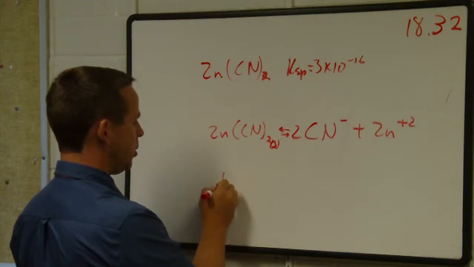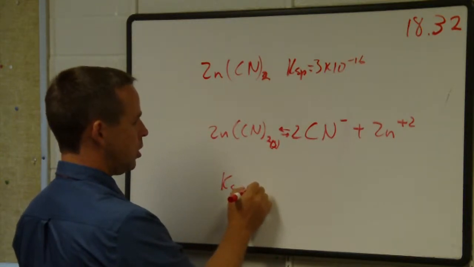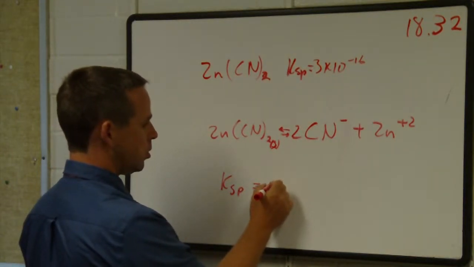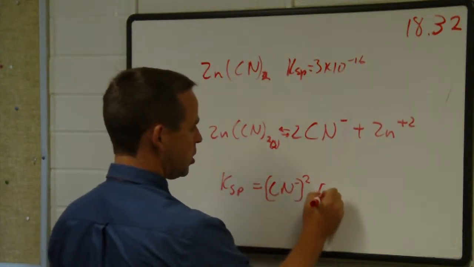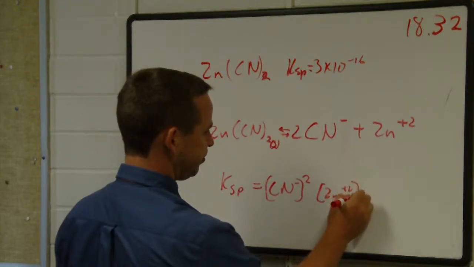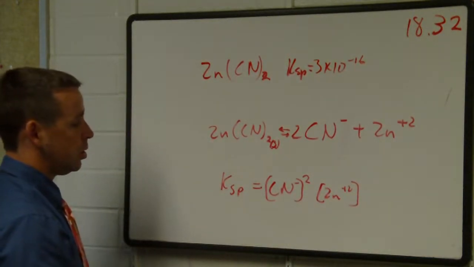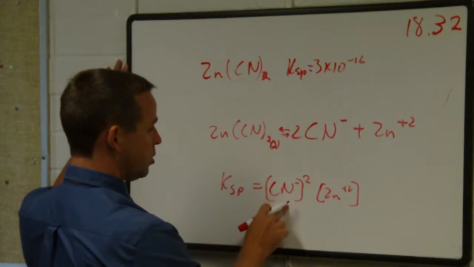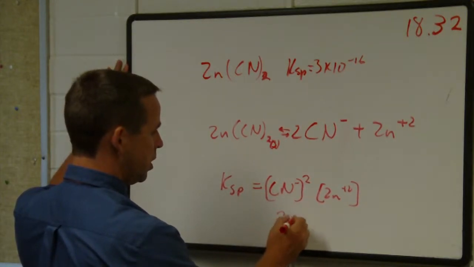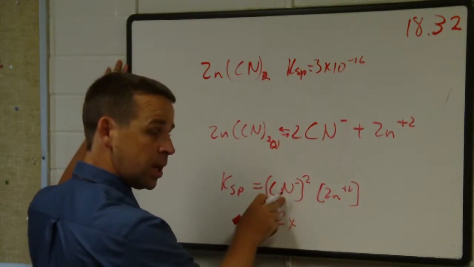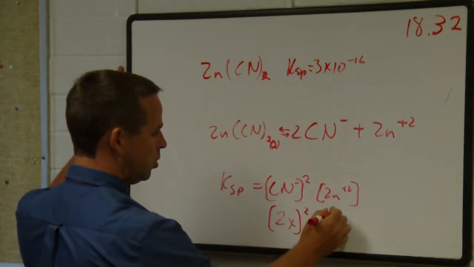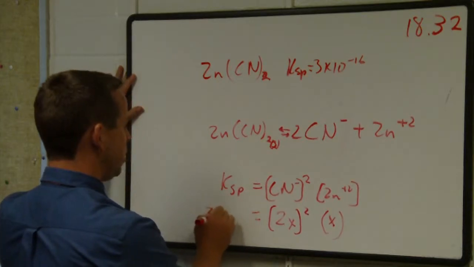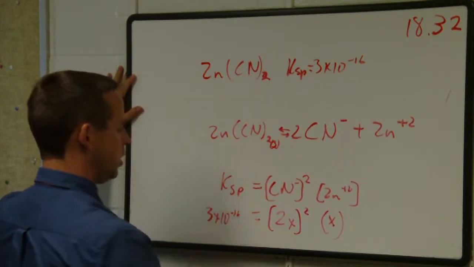So the equilibrium expression is the concentration of the cyanide ion squared times the concentration of the zinc ion. Alright, so the concentration of the cyanide ion is going to be twice as much as the concentration of the zinc ion. So that will equal 3 times 10 to the minus 16.